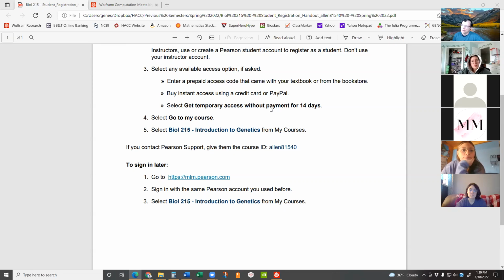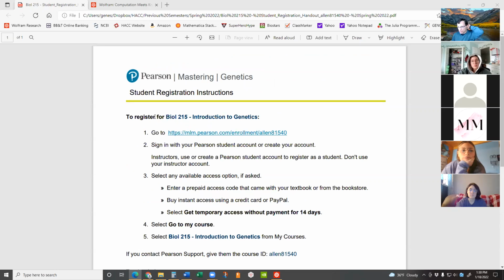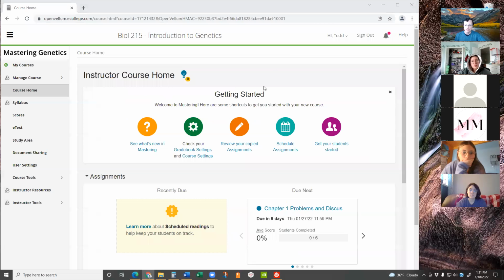Please get your access code in D2L, and then use that to create your Pearson account with this Mastering Genetics PDF that was sent through email. If you don't have this information, or you've lost it, send me an email, tdallen@hack.edu, and I'll forward the information again to you. All right, so that's what you need to gain access to Mastering Genetics.